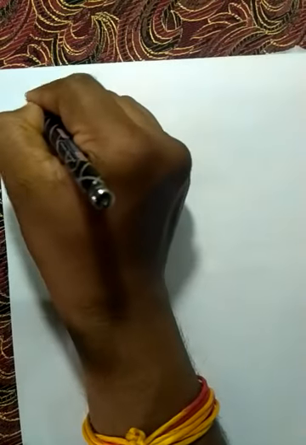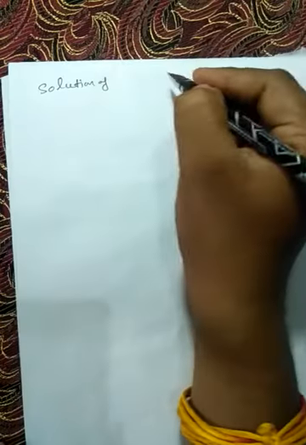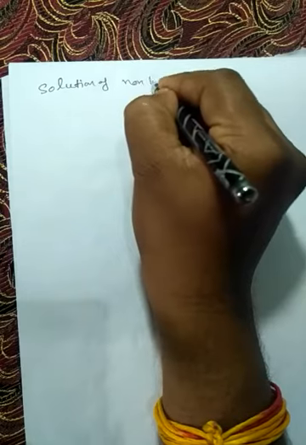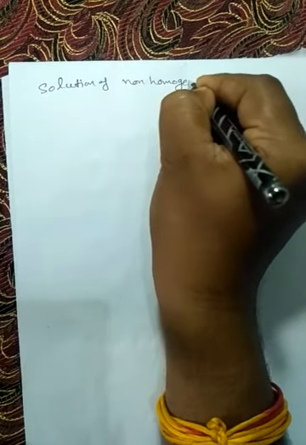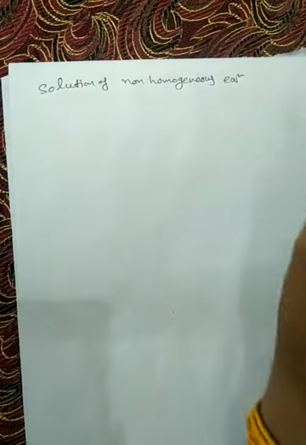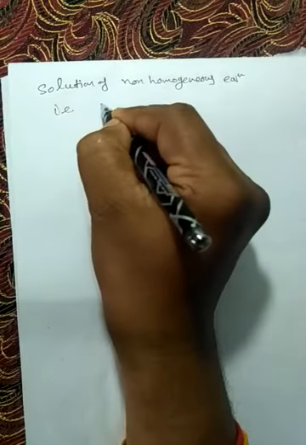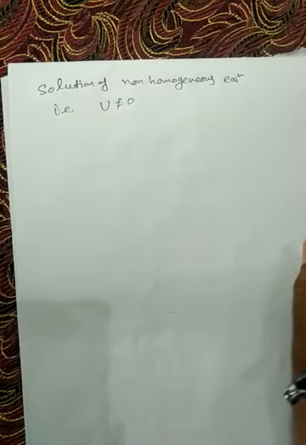Next is the solution of the non-homogeneous equation. When is it homogeneous? When u is 0. And when is it non-homogeneous? When u is not equal to 0. That means when the input is not equal to 0, then the equation is called a non-homogeneous equation.